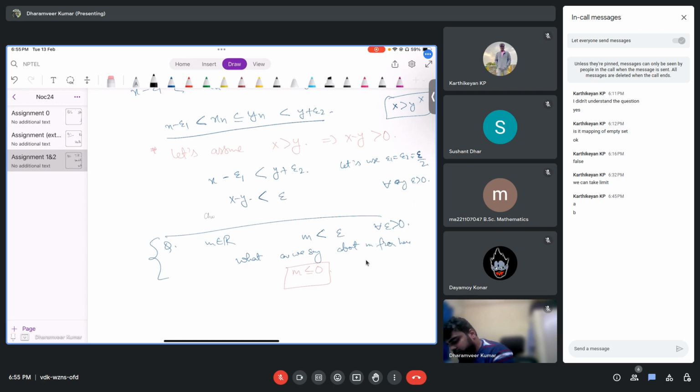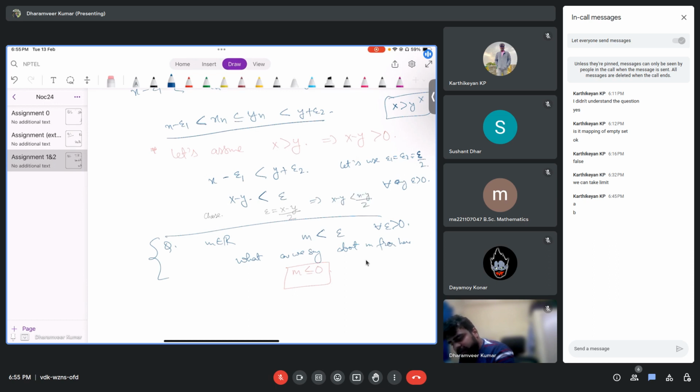What does this imply? If I choose epsilon to be (x minus y) over 2, this is positive.